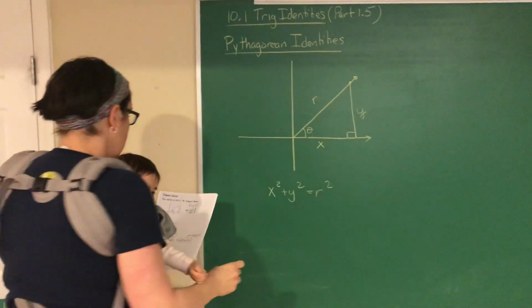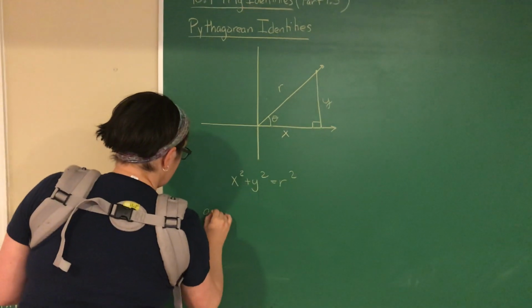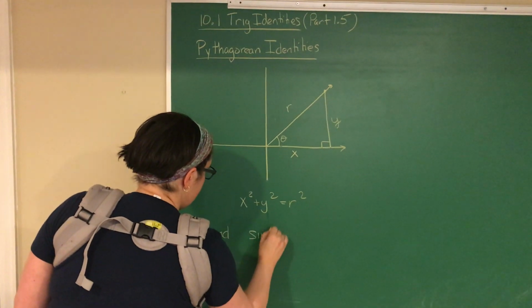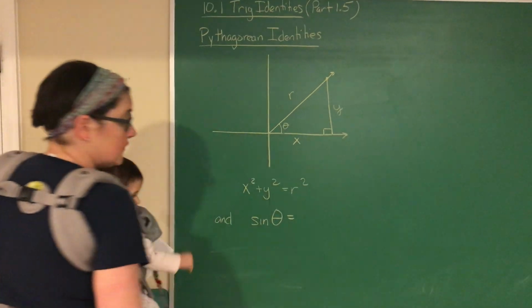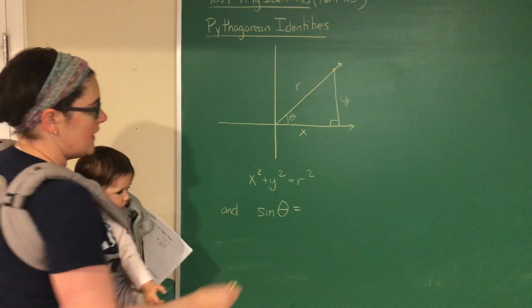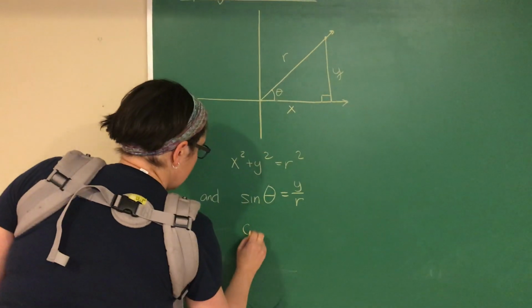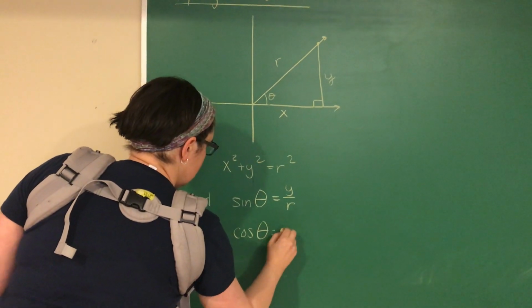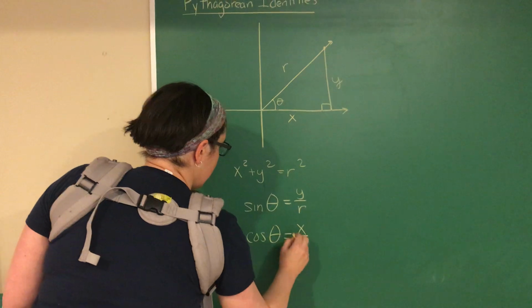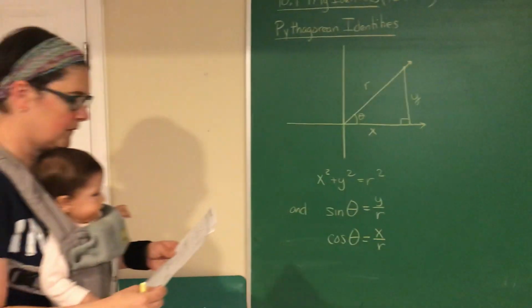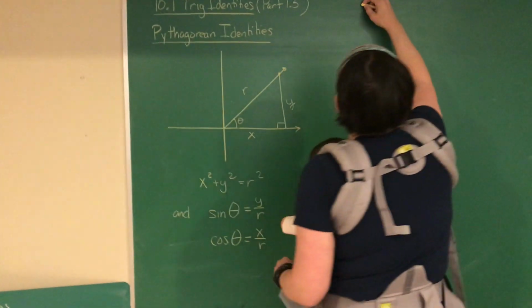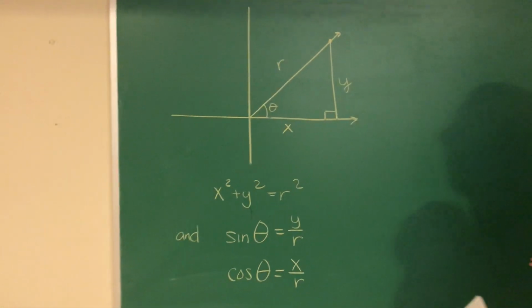We are also going to be using our definition of sine of theta in terms of x's, y's, and r, and sine of theta is equal to y over r, and cosine of theta is x over r.